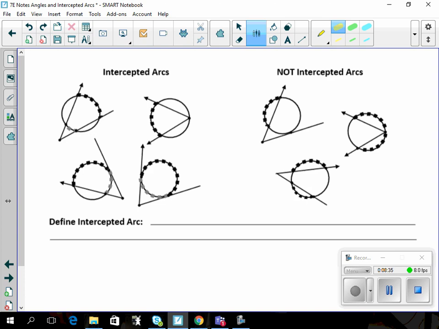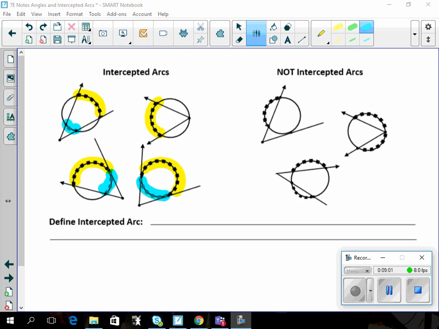Pick one color for the outer arcs for me, like this. And then pick a different color to be the inner arcs. So just go ahead and take a few minutes and add that color, if you would, to your picture. Okay? Only for the intercepted arcs. Don't add color to the others.